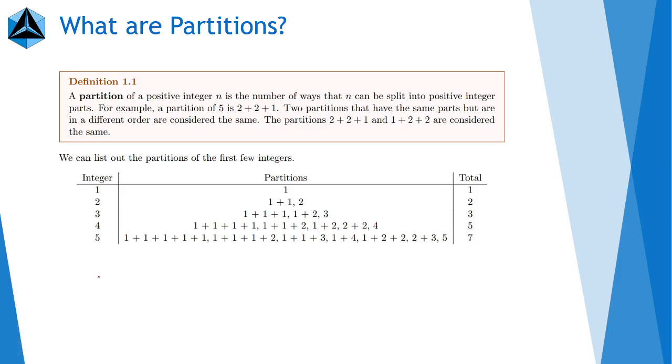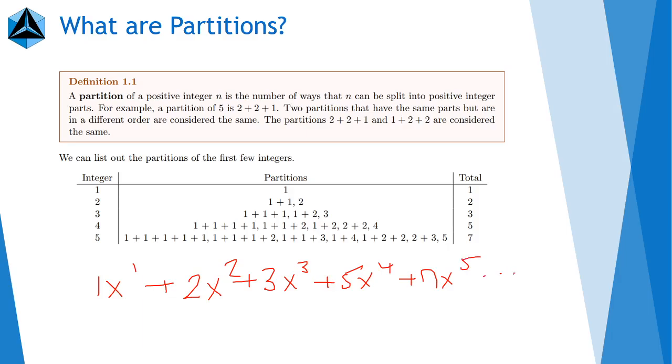So we would get something like 1x to the 1 plus 2x squared plus 3x cubed plus 5x to the 4th plus 7x to the 5th, and so on.